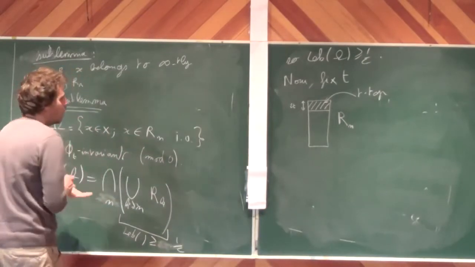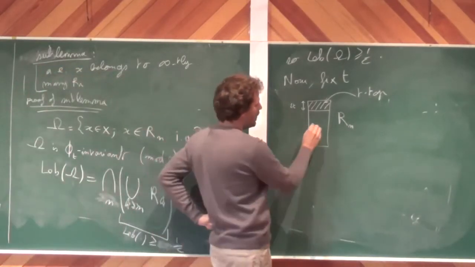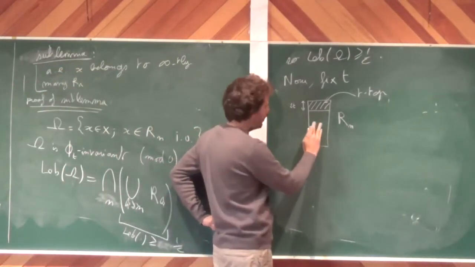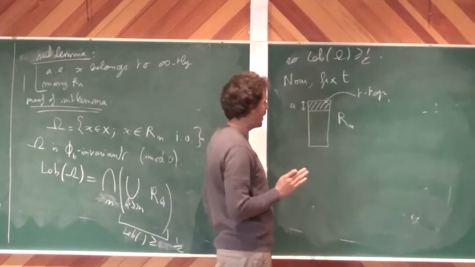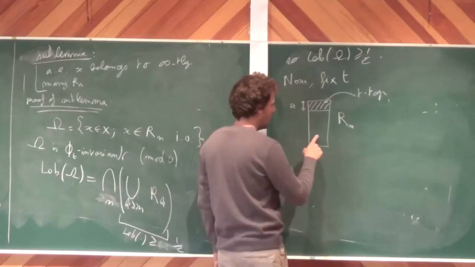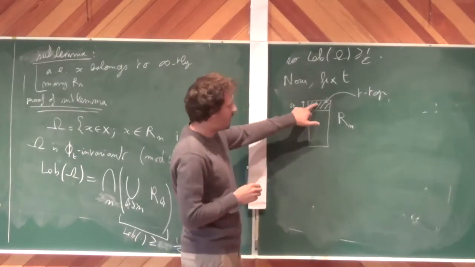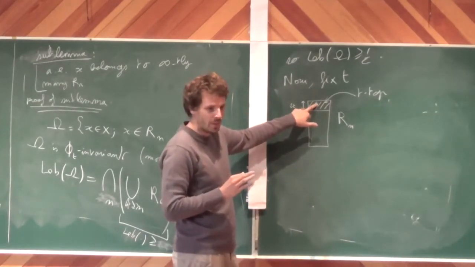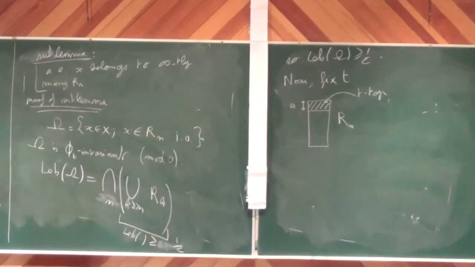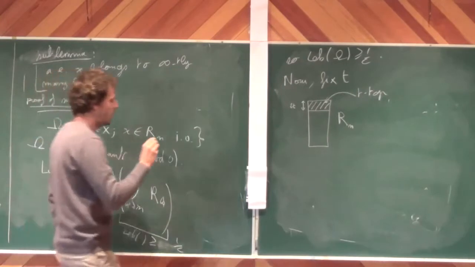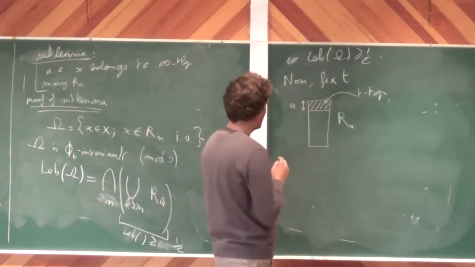What is clear is that if you pick a point which belongs to the bottom here, after time t, it still belongs to Rn. So everything is fine. And what I will prove is that you cannot belong infinitely often to the t top. And this is enough to prove that you have phi t invariance. So this is the sublemma.